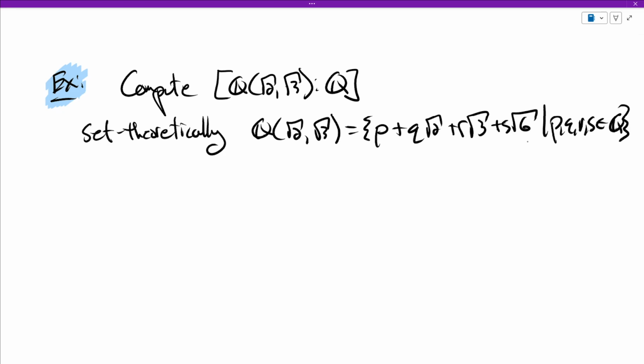In fact, you had a homework problem in homework 4 on showing 1, root 2, root 3, root 6 were linearly independent, and they do in fact span, so it's a basis.